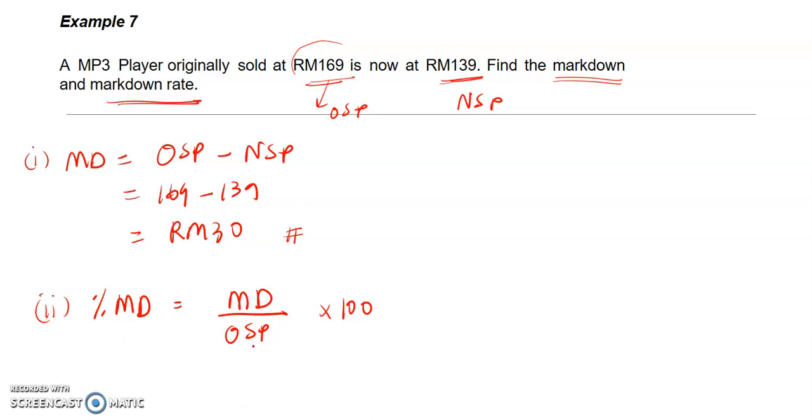That is why the formula is MD divided by OSP. So the amount of MD is 30 ringgit divided by the OSP, original selling price 169, times 100. So the percentage of markdown is 17.75%.